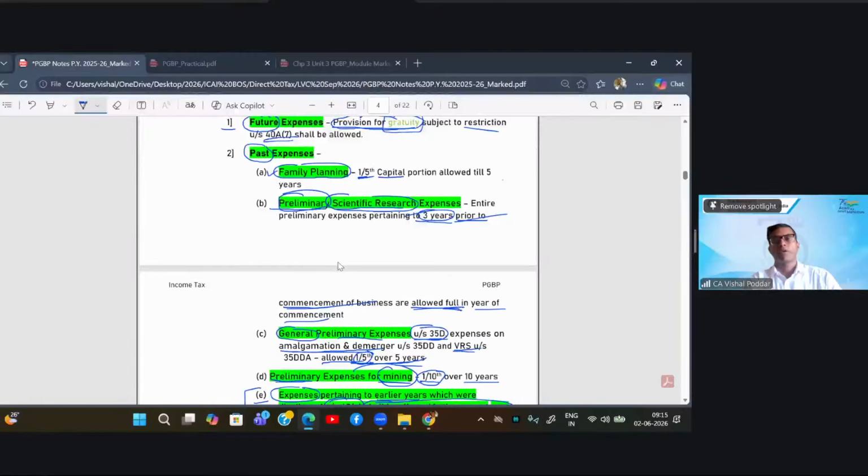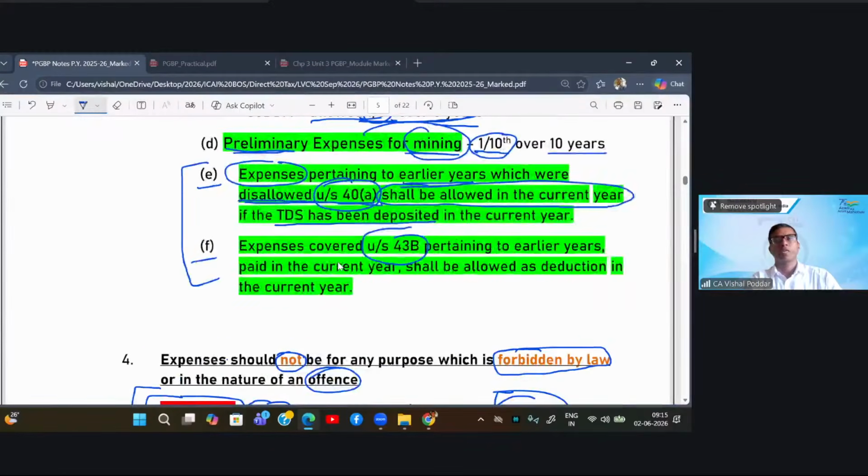For this, the second or the last exception is expenses which are covered in 43B and they are pertaining to past periods, then they were not paid, hence obviously they were disallowed, but they are paid in the current year. So since now they are paid in the current year, you can now claim deduction.